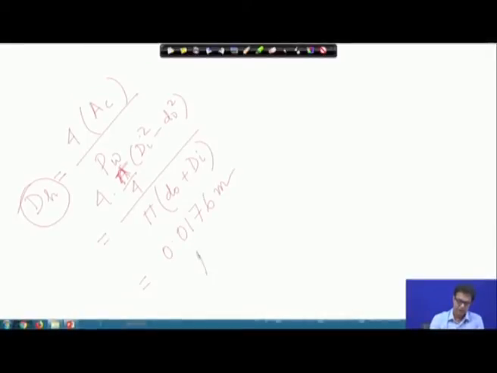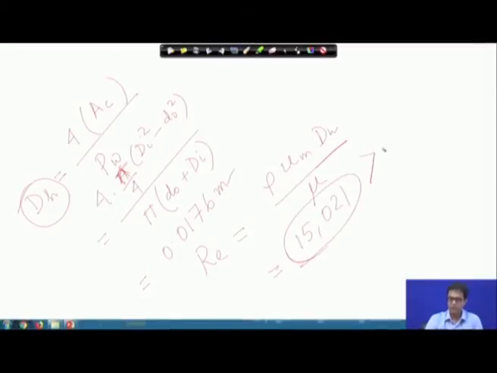Now, the Reynolds number. We know the hydraulic diameter, so Re is rho U_m d_h by mu. This comes out to be 1500021. So, this is also more than 2300, so we have a turbulent flow region.